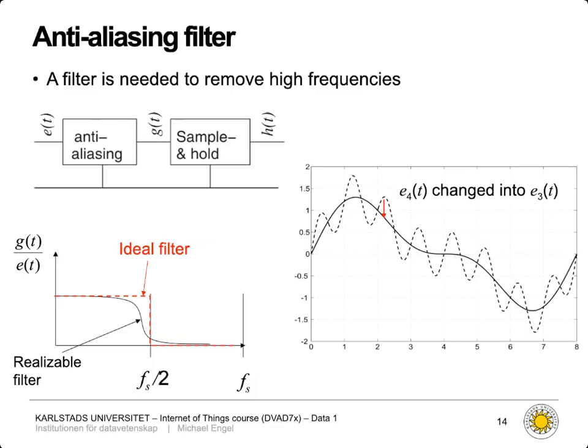So what we see on the lower left-hand side here, the right dotted line would be an ideal filter. So what we have here on the y-axis is the relation of the output signal of the anti-aliasing filter to the input signal. So ideally, this should be 1 for all signals with a frequency of less than half the sampling frequency.